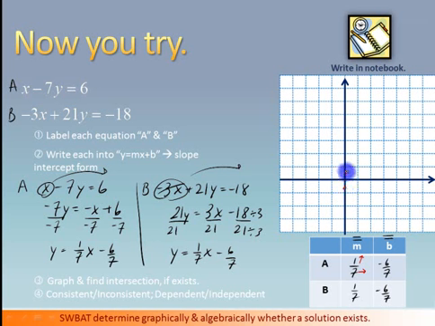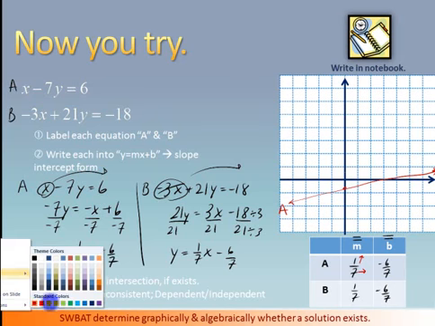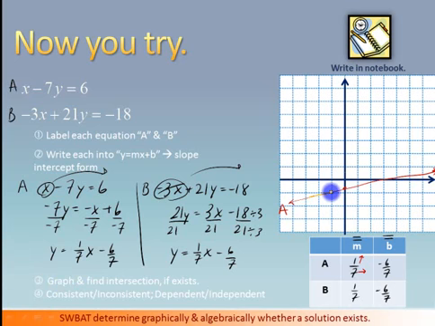And I'm going to go across 7. 1, 2, 3, 4, 5, 6, 7. So that would be line A. And then line B is the same. I'm just going to pick a different color. And it's just going to be the same line. Just going to overlap it. And that proves that we have an infinite number of intersection points.